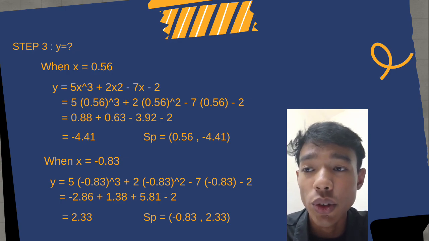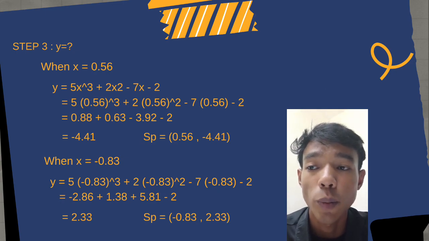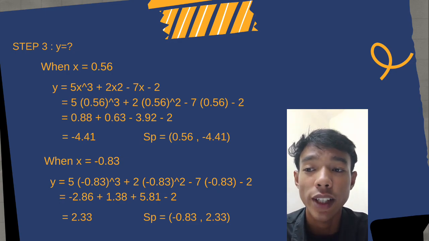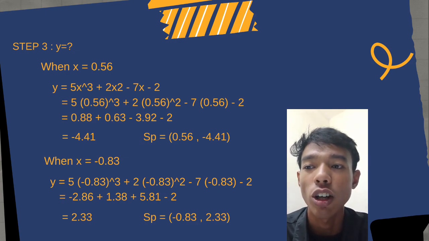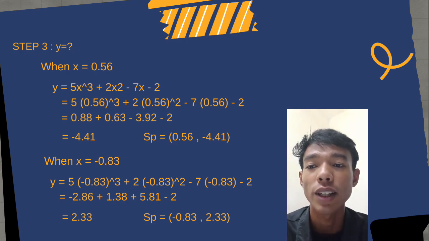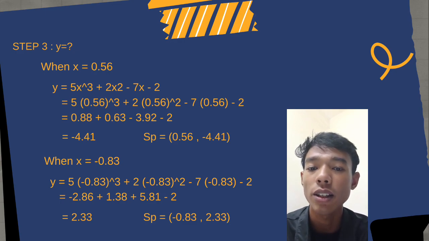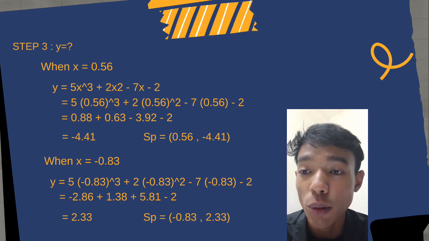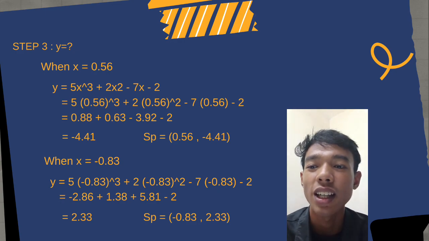First, we substitute x = 0.56 into the equation, y = 5x^3 + 2x^2 - 7x - 2. Then we get 5(0.56)^3 + 2(0.56)^2 - 7(0.56) - 2.